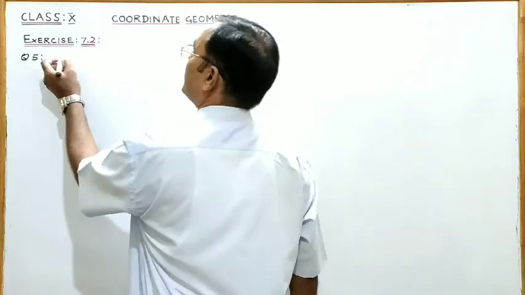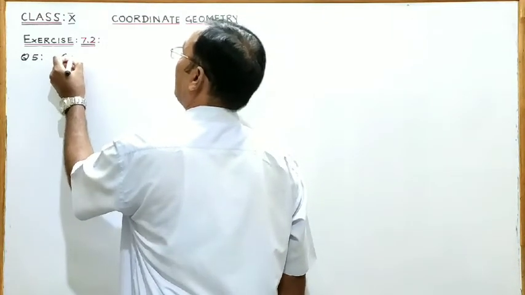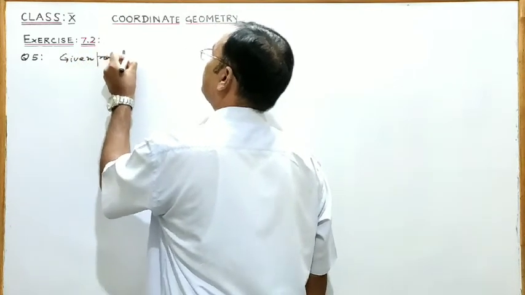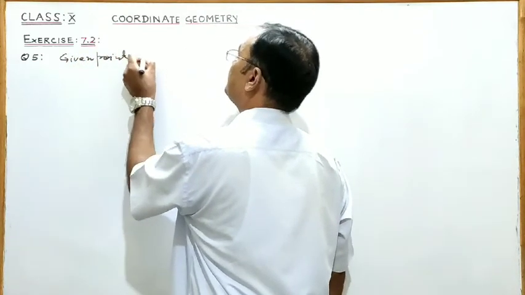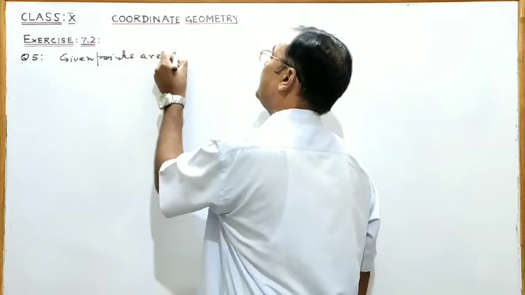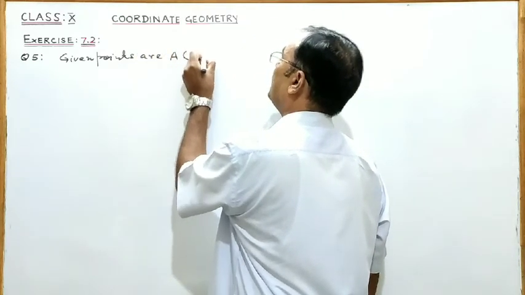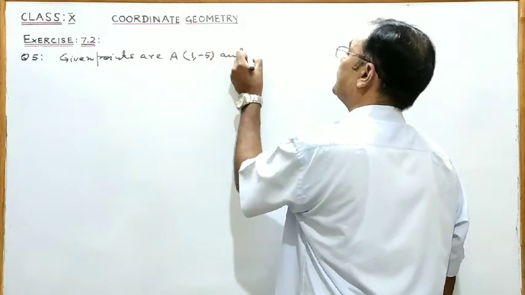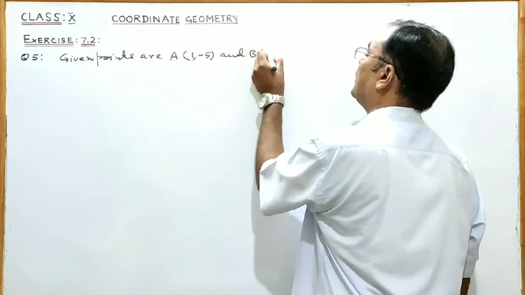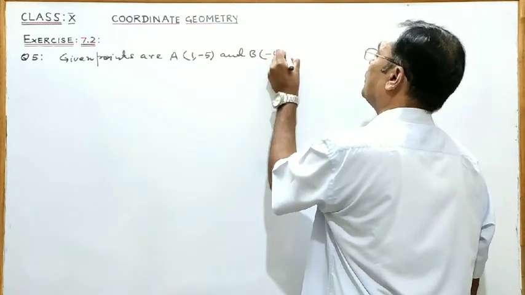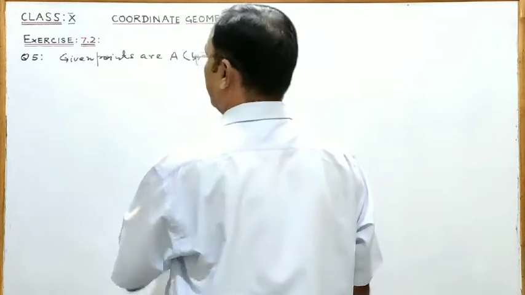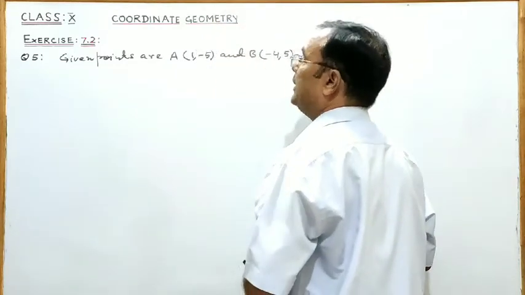So here in the question, the given points are A (1, -5) and B (-4, 5), and the join of these 2 points is divided by the x-axis.